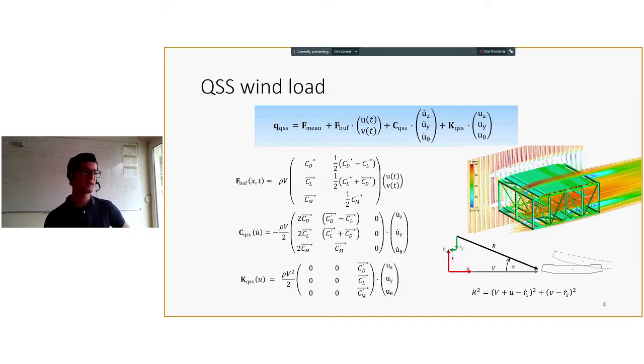In case of quasi-steady state formulation, these are constant matrices and are simply multiplied with velocity and respectively with displacement. What you can also see is that there are a lot of zeros in these formulations, and this is of course not good.